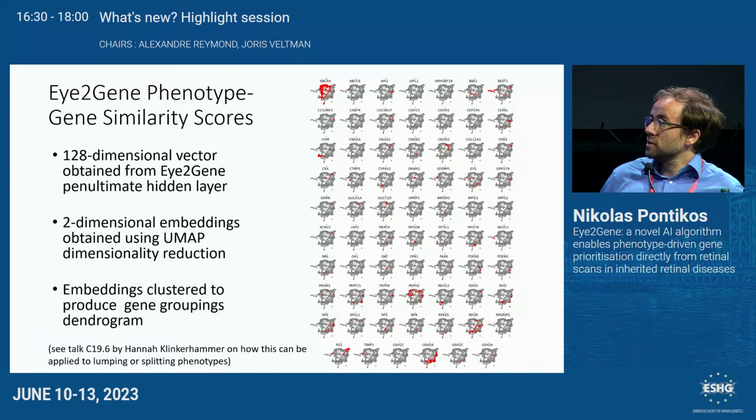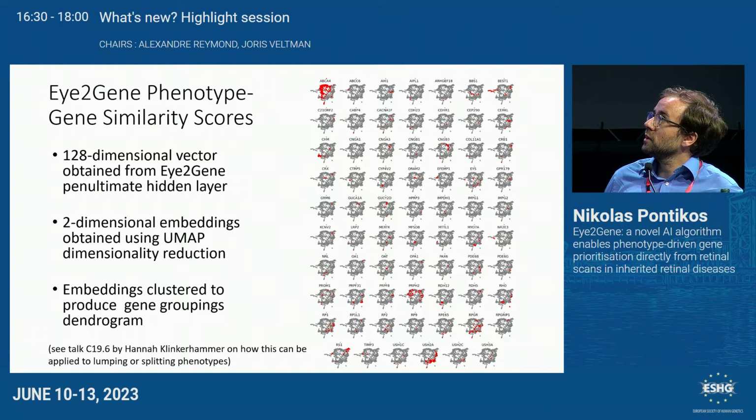So now, using that trained neural network, what we did is we looked at the penultimate layer of the network, so before it gives you the gene answer, and that's actually a very high-dimensional vector, a 128-dimensional vector. Using that vector, we then reduced it down to 2 dimensions in order to plot it.